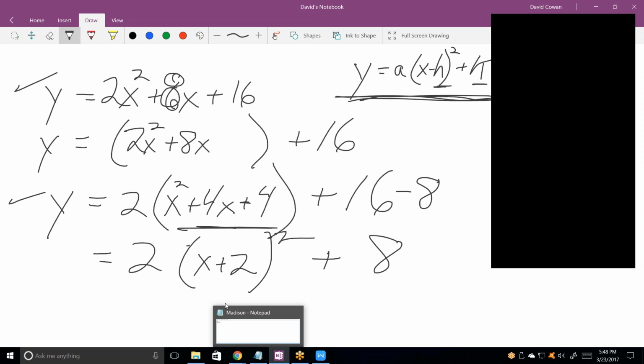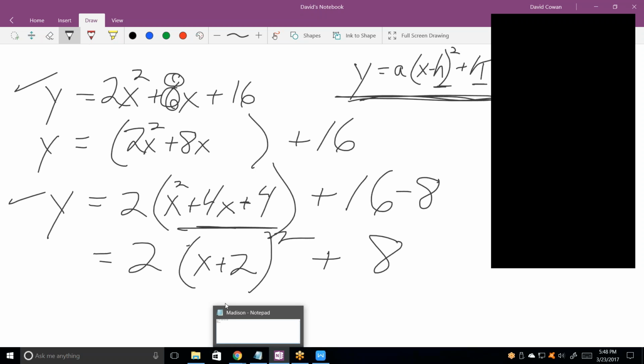But you can see why this was tougher. When you've got to factor out a number, then when you complete the square, you have to make sure you counterbalance it by whatever you completed the square with times the number you factored out. In other words, I don't subtract 4, I subtract 8 from the same side of the equation.